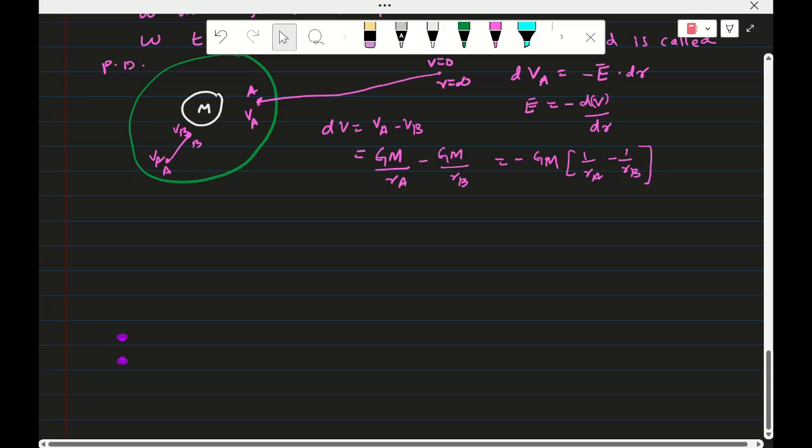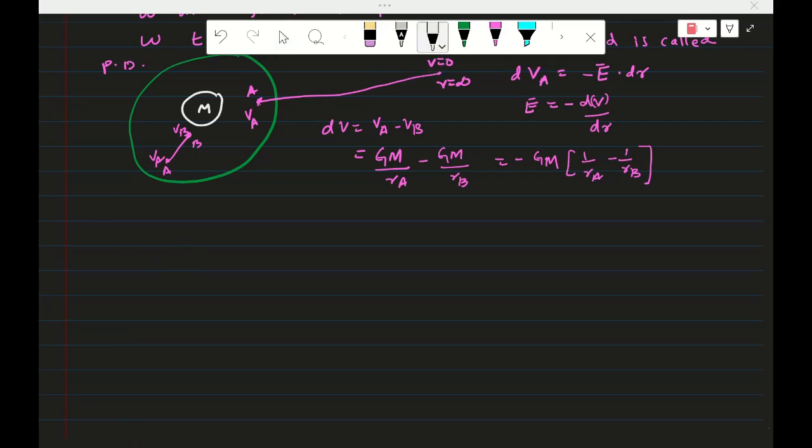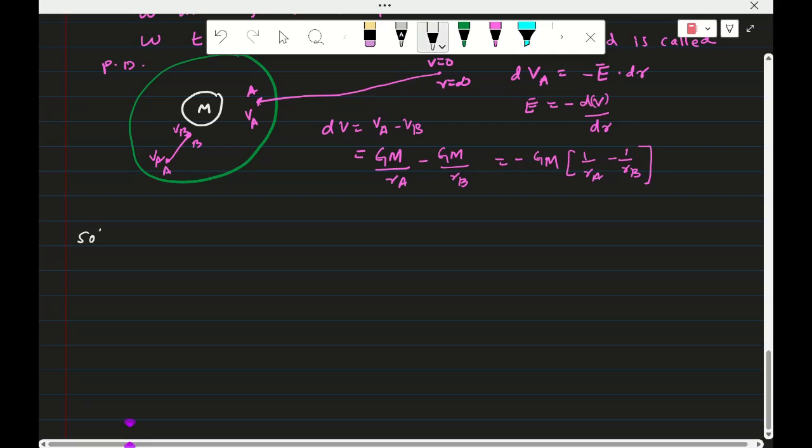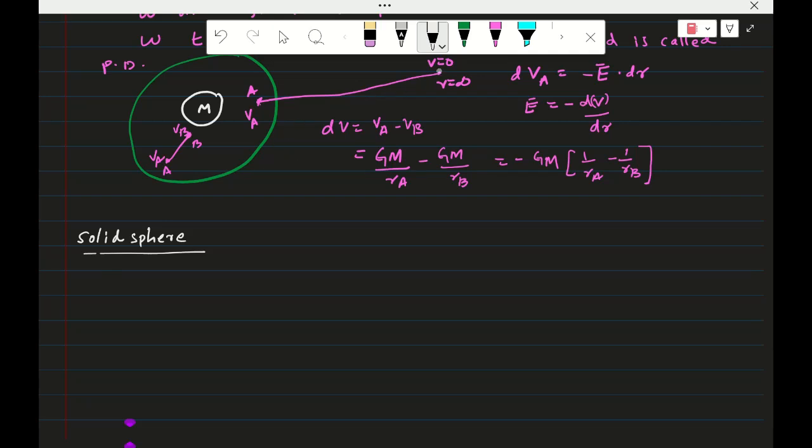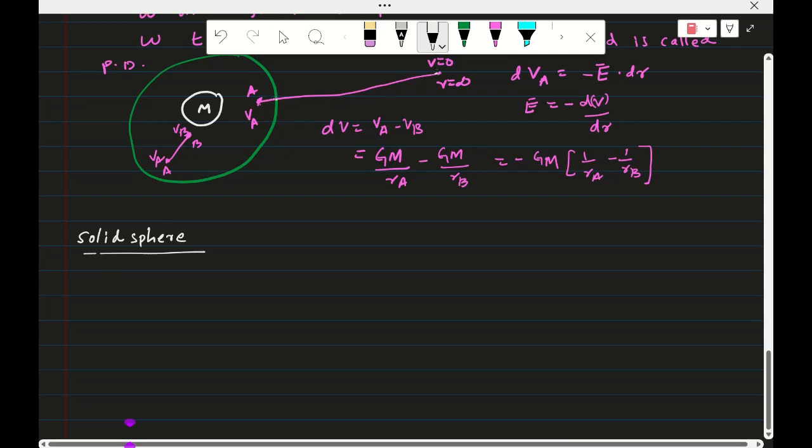So potential due to a solid sphere. We already know the E values of a solid sphere. And here the potential is from infinity to the surface and from the surface to the other point inside, right?